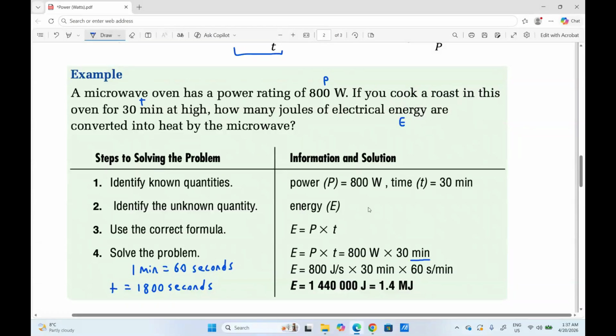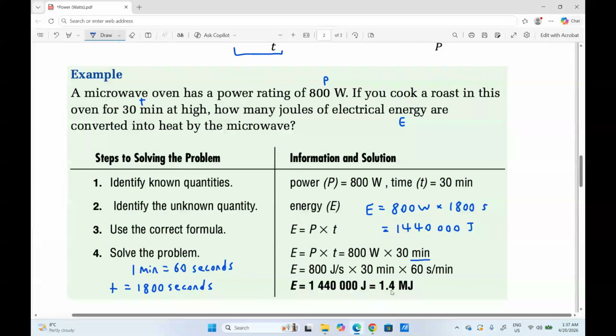So in this case, now for energy, I'm going to take my 800 watts and multiply it by 1800 seconds. And upon doing so, I'm going to get my answer here. So my answer is going to be 1440000 joules, and that's my base unit.